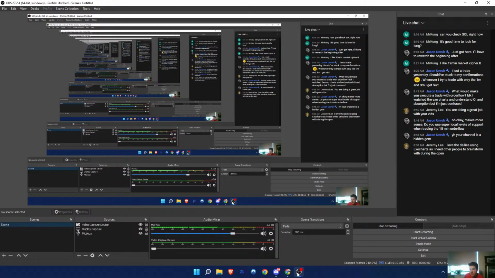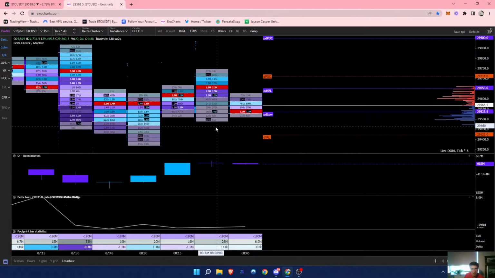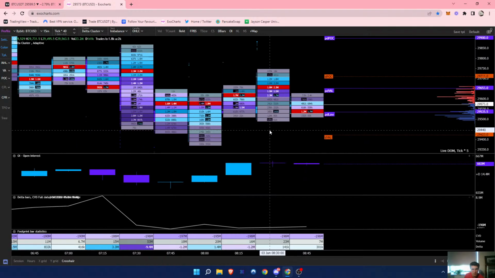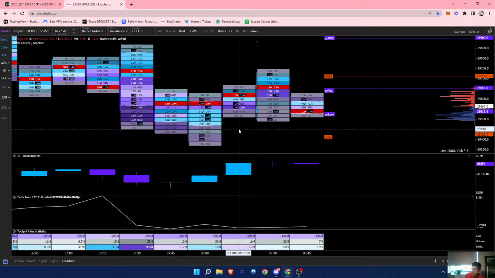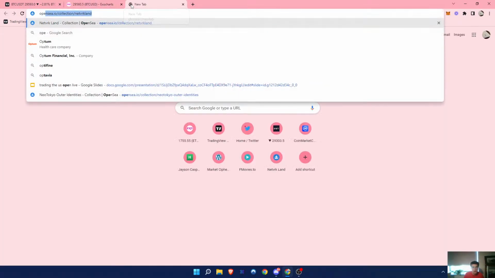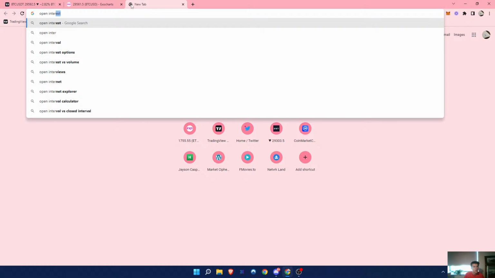I love the dailies using Exocharts as I need other people to brainstorm with during the open. Once you get the hang of it, it's not really too hard, but again, have that cheat sheet of open interest and, where was that chart?